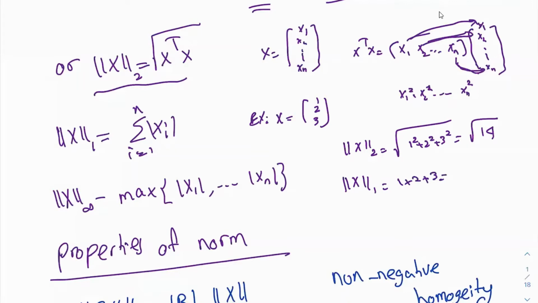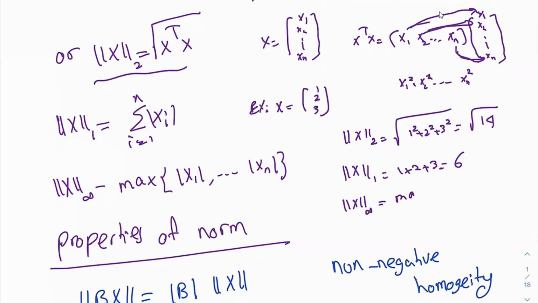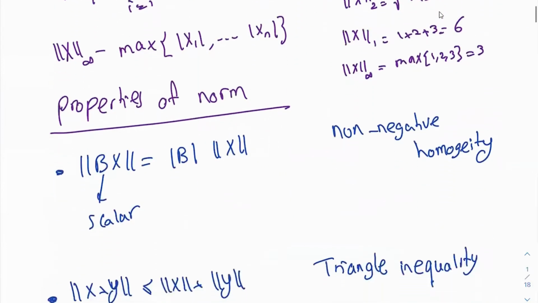All the components are positive, so there's no need for the absolute value, and you get 6. Then the L infinity norm is equal to the maximum value of 1, 2, 3, which is 3. Good.